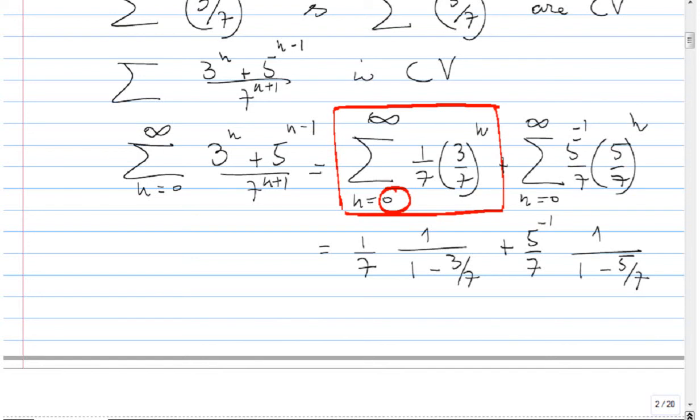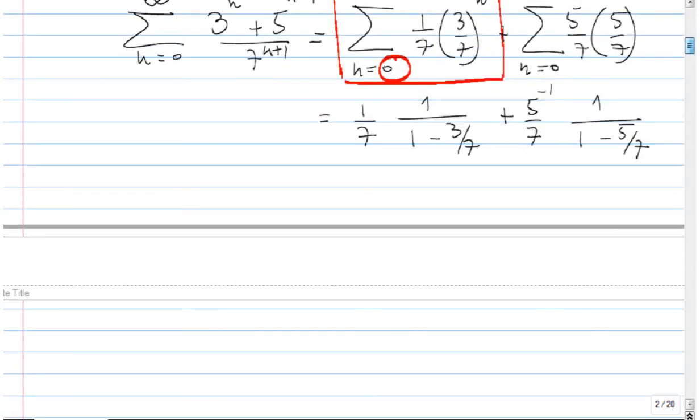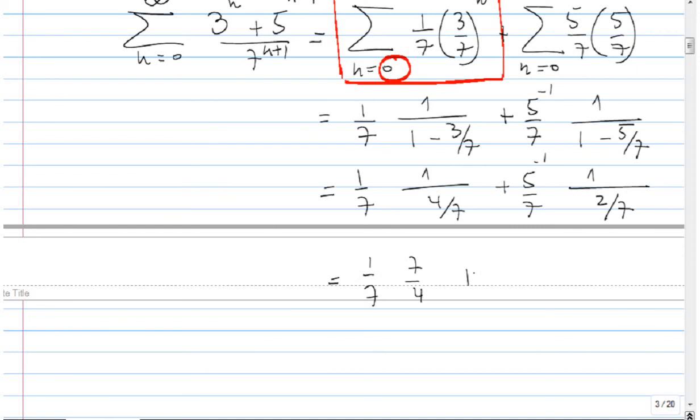But if you want to push it a little bit, to do a little bit more algebra, we have 1 over 7 times 1 over (4 over 7), plus 5 to the power minus 1 over 7 times 1 over (2 over 7), which gives me 1 over 7 times 7 over 4, plus 5 to the power minus 1 over 7 times 7 over 2, and then you cancel the 7s, okay?